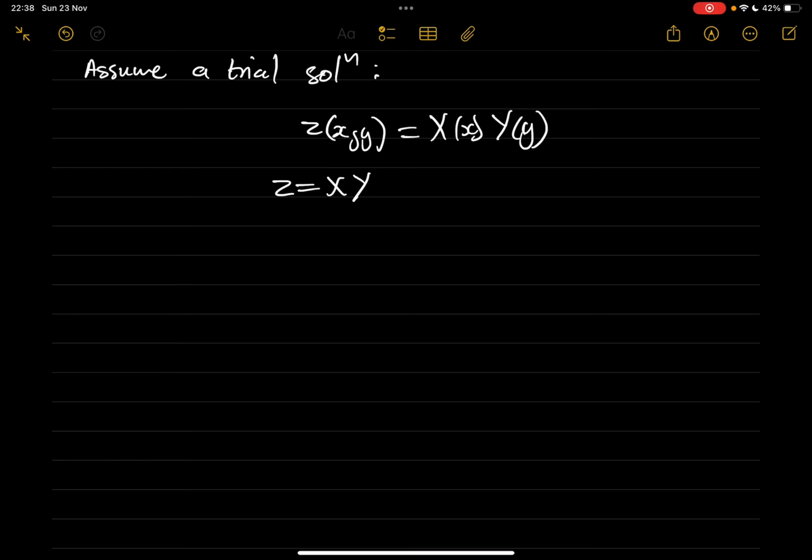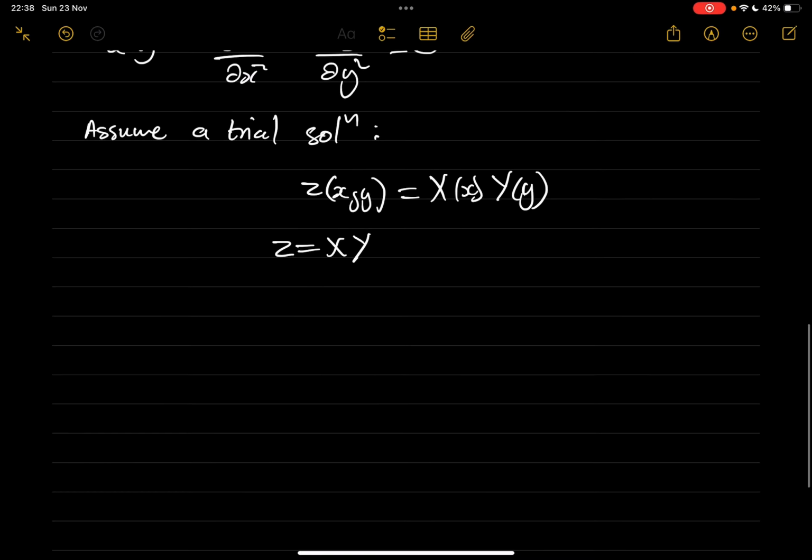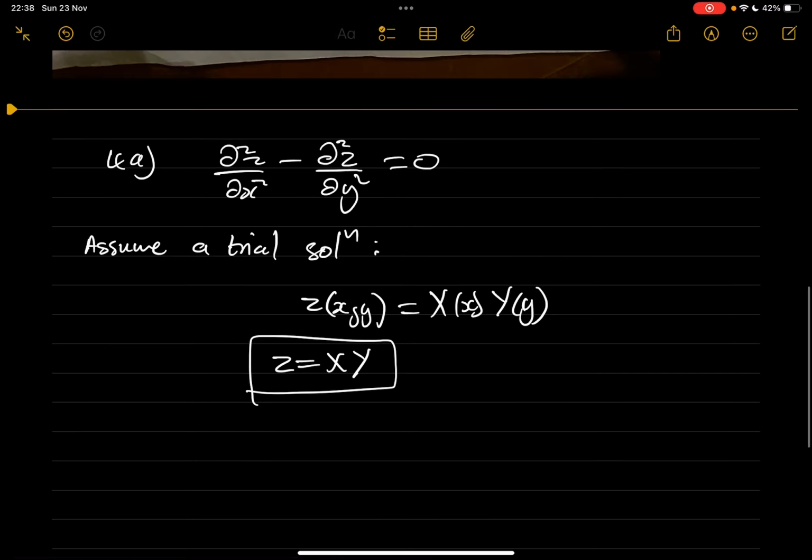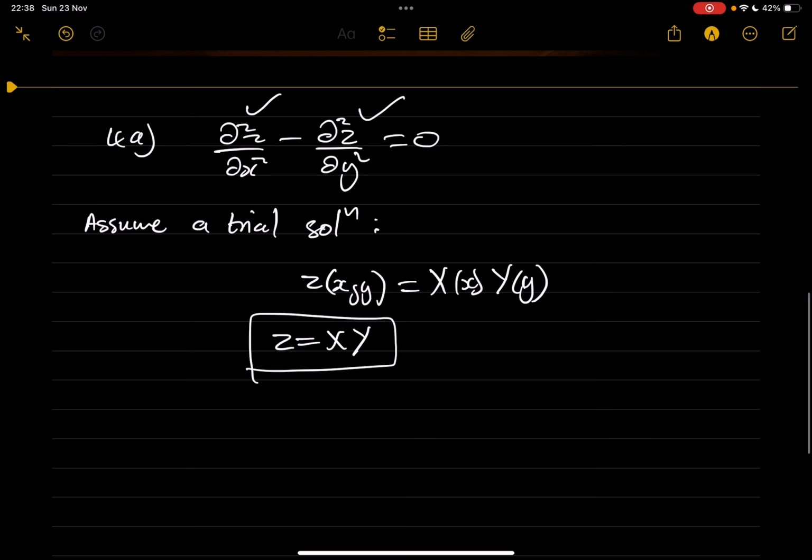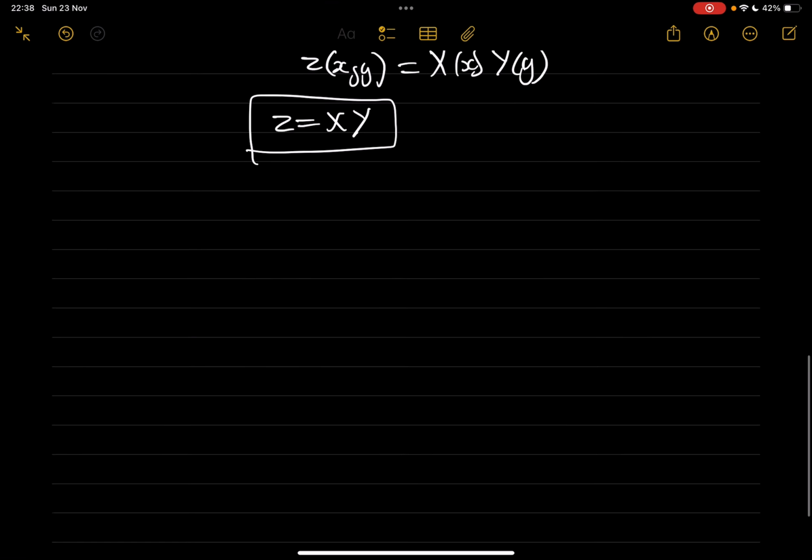So now we need to use this simplified version of our trial solution to find the second derivative of Z with respect to x and with respect to y, and then substitute. So let's do it.